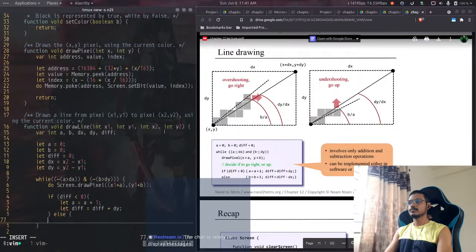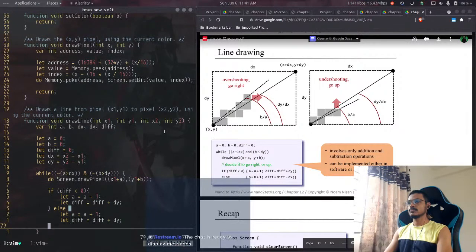Else, instead of a we will increment b, right?